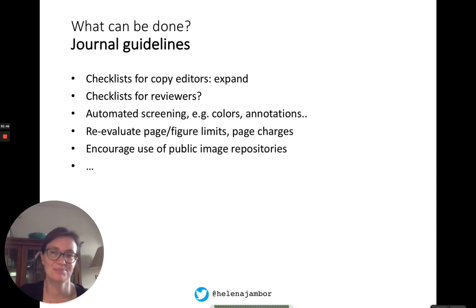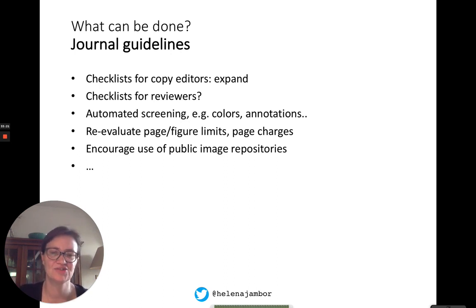Journals could set up automatic screenings, for example, things like color legibility or accessibility to colorblind readers can simply be systematically screened with tools such as Color Oracle. And some ideas are also revolving around whether we really need figure limits, page limits, and page charges, or whether these are hindering people to make really nicely legible figures that are large enough for people to see.